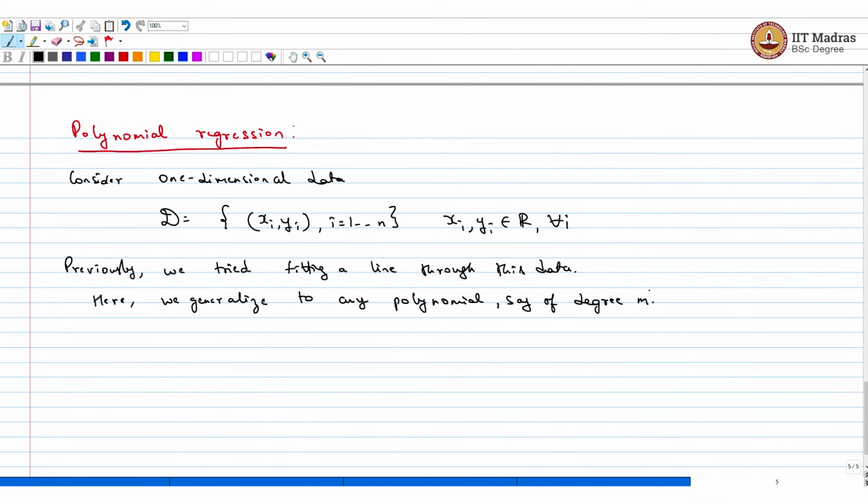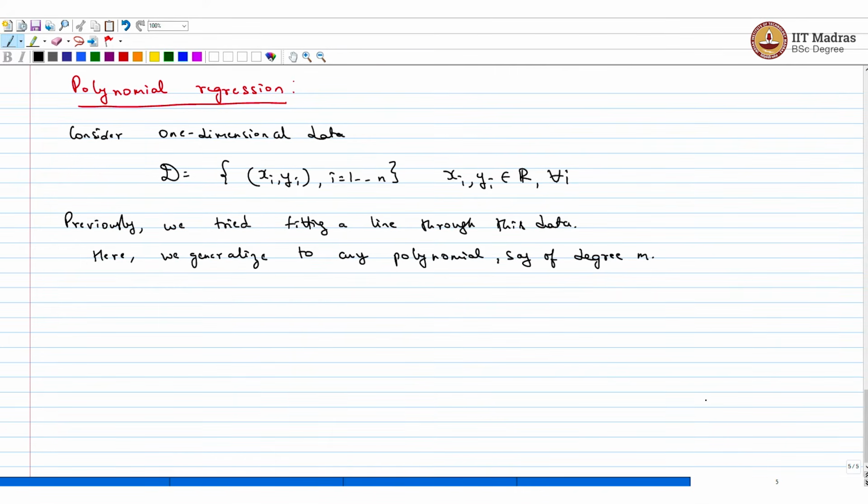So you can fit an mth degree polynomial through the data. What you have to do is consider what is called transformed features, if you want to fit a high degree polynomial.